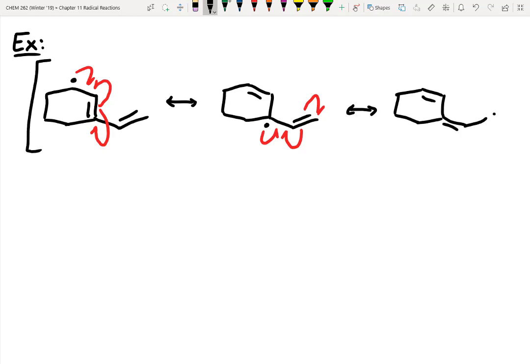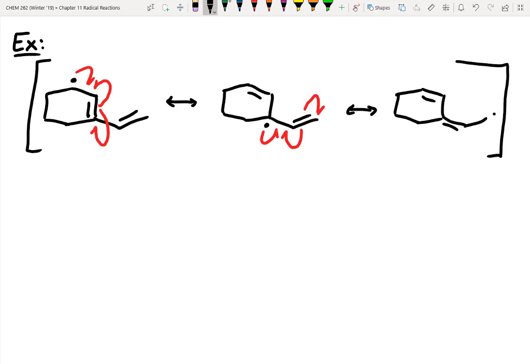And so all three of these would be resonance structures, meaning that unpaired electron is residing across three different atoms at the same time. You can show a hybrid for this, but it gets super confusing with radicals to show where that unpaired electron is. So most of the time when you see these, you just see people draw out all three resonance structures.